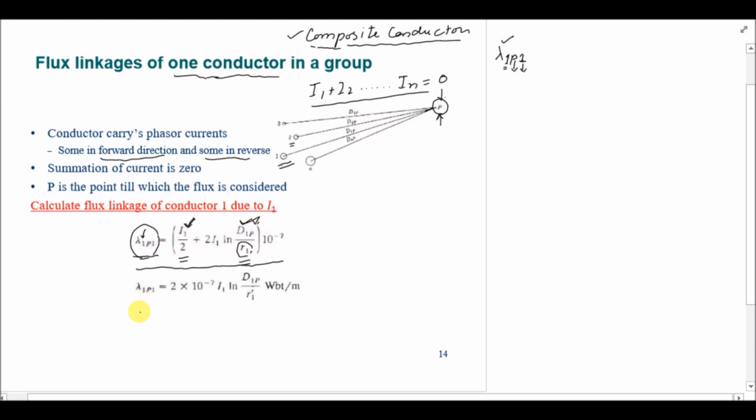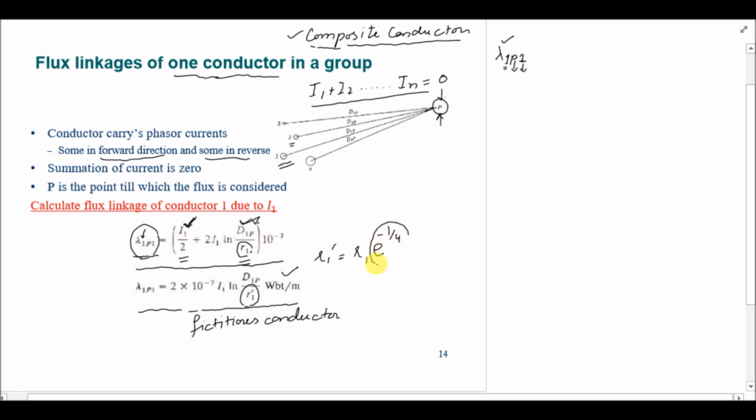But if we have to write the simplified equation of the flux linkage in terms of a fictitious conductor, this particular equation is the one in which we assume that we have a conductor of radius r1 dash, and we are considering the internal flux effect in this r1 dash value. r1 dash is equal to r1, which is the radius of the conductor, into e raised to minus 1 by 4.